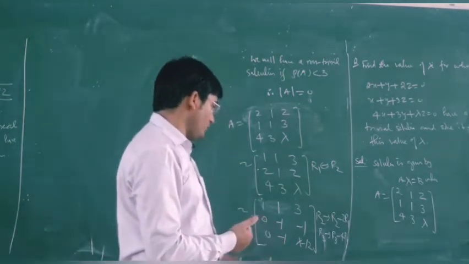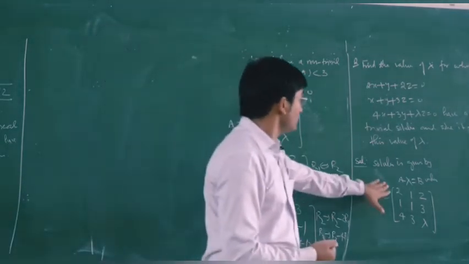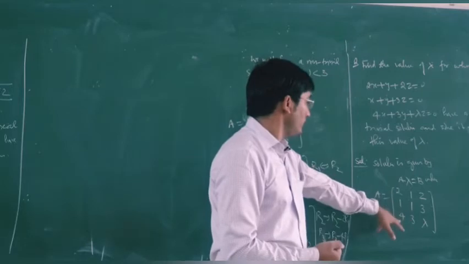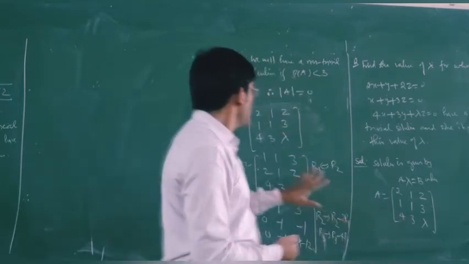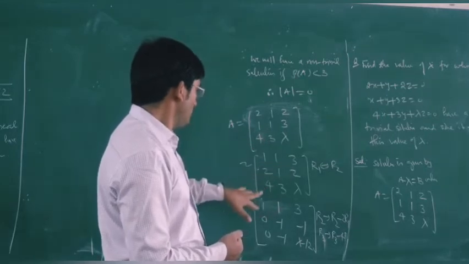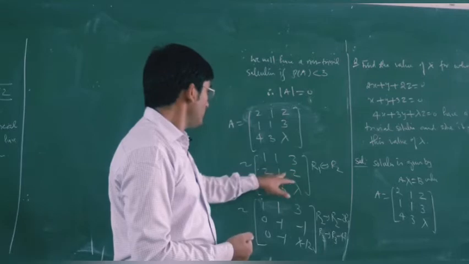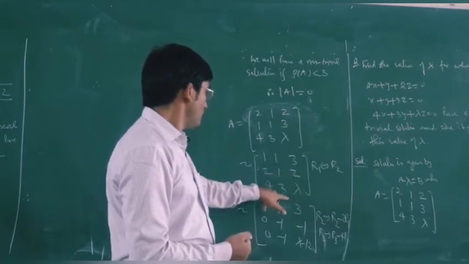Let us cross check it. We have the matrix 1, 1, 3, 2, 1, 2, 4, 3, lambda.